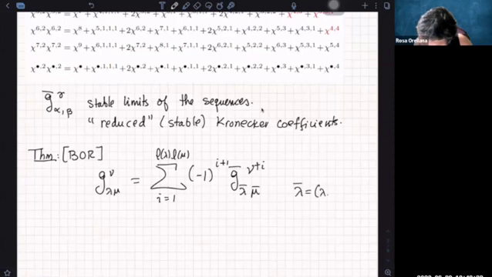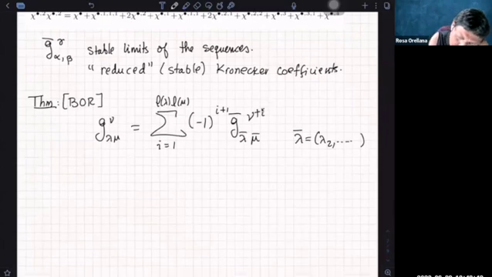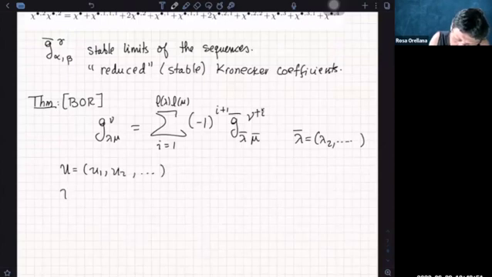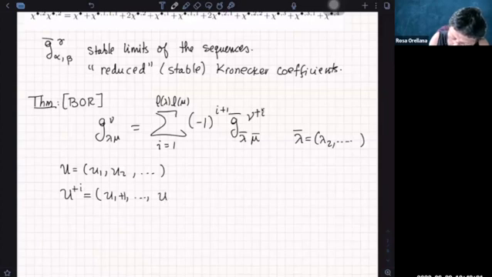And this other notation: if you have any sequence U1, U2, etc., you can construct a sequence I by adding 1 to all the first I minus 1 entries in the sequence.